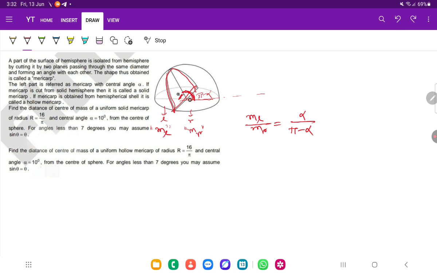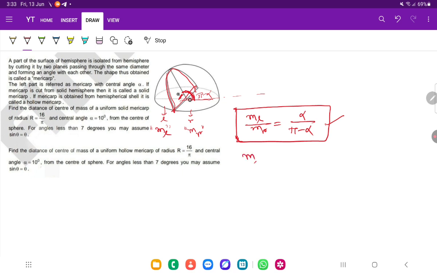The more the angle subtended by these two planes, the horizontal plane and the cutting plane, the more its mass. And as it is a homogeneous sphere, the mass distribution is uniform, so we can claim that the mass ratio of the left mericap and the right mericap will equal the angle ratio. Here it is alpha upon pi minus alpha. So that is our claim.